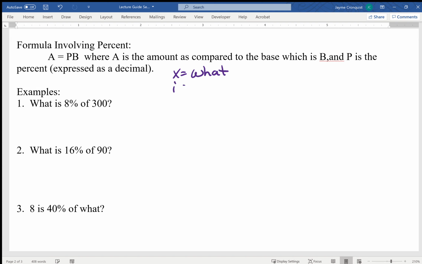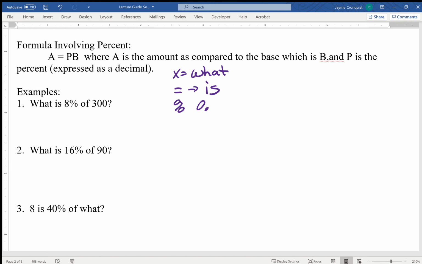When you see the word is, I'm making my picture backwards. Okay. Equal. Is means equals. When you see the percent, you need to write it in the decimal version.